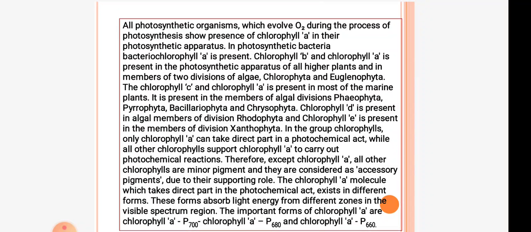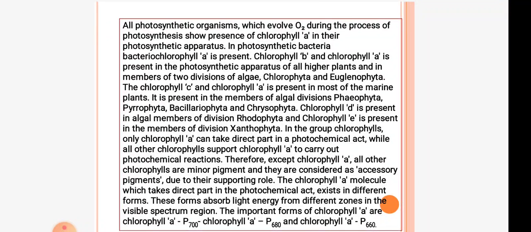In the group chlorophylls, only chlorophyll A can take direct part in the photochemical act, while all other chlorophylls support chlorophyll A to carry out photochemical reactions.